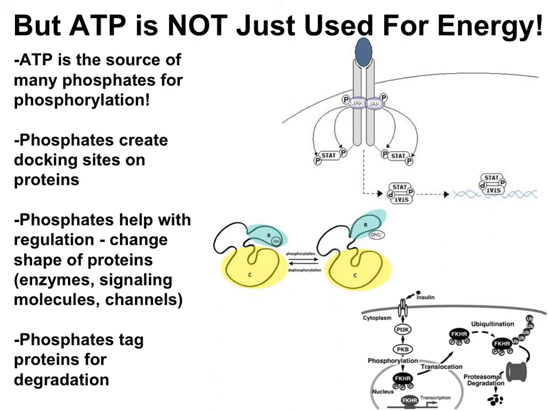Phosphorylation in this spot right here opens up this green regulatory region of the enzyme and exposes the active site on this yellow catalytic region of the enzyme. In other words, phosphorylation has activated this enzyme by a shape change. Finally, phosphorylation can be used in a process that destroys proteins after the proteins have served their purpose. We'll talk about that more later in the course.